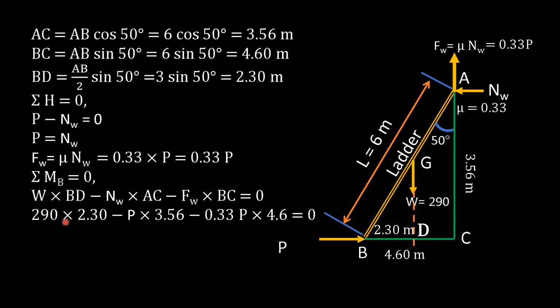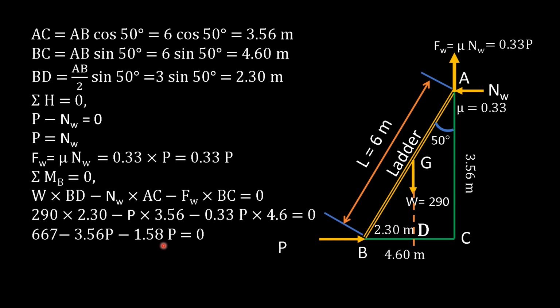So 290 multiplied by 2.30 will be 667 minus 3.56 P. 0.33 multiplied by 4.6 will be 1.58 P equals 0.